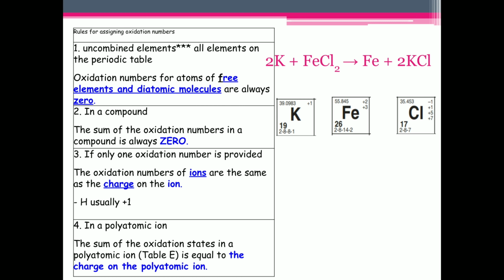Again, in Lesson 30, we learned these 4 rules for assigning oxidation number. If you are not maintaining a neat and organized notebook, please pause the video and copy down these 4 rules. If you are maintaining a notebook, just refer to your notes for Lesson 30.